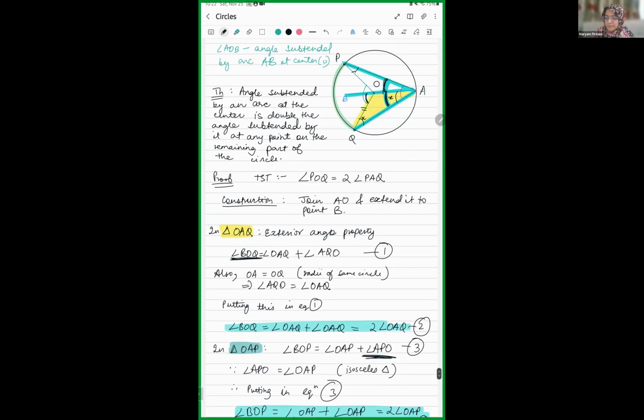This angle over here, the angle subtended by the arc at the point A.